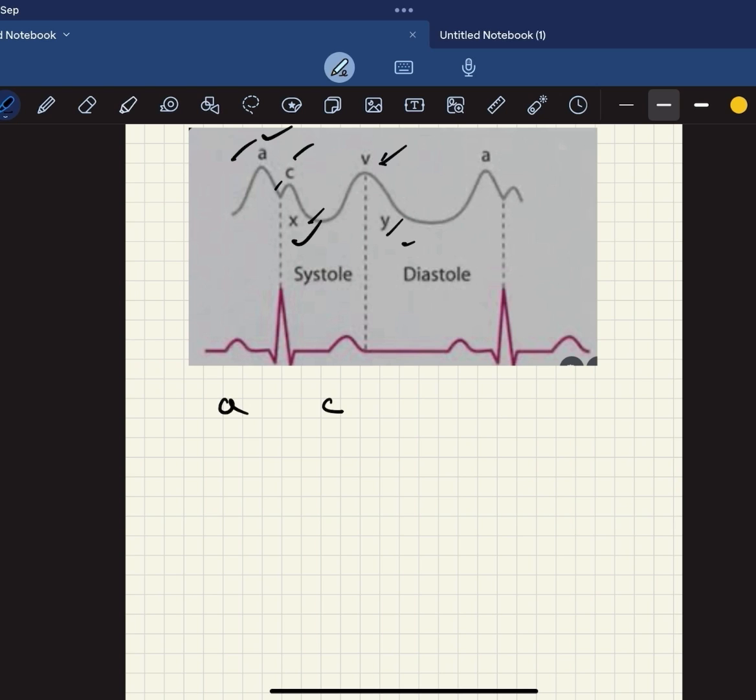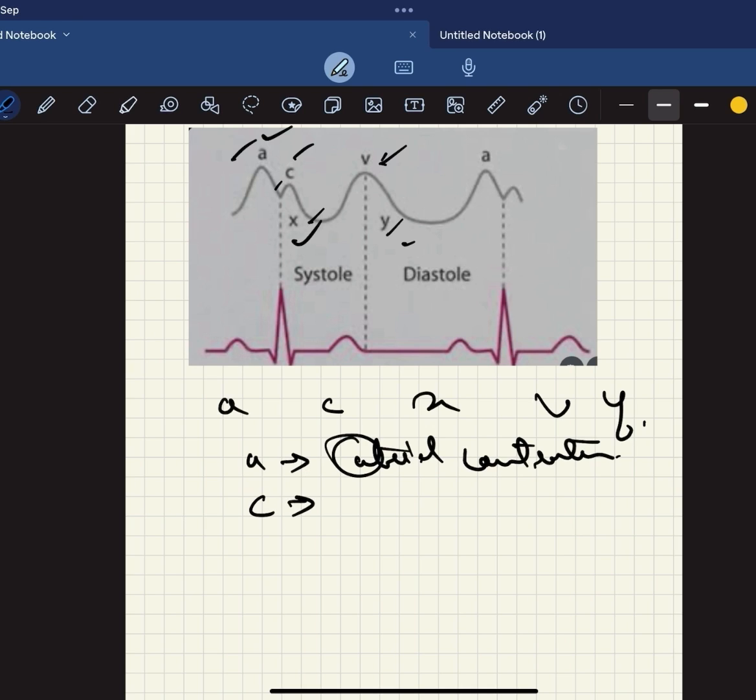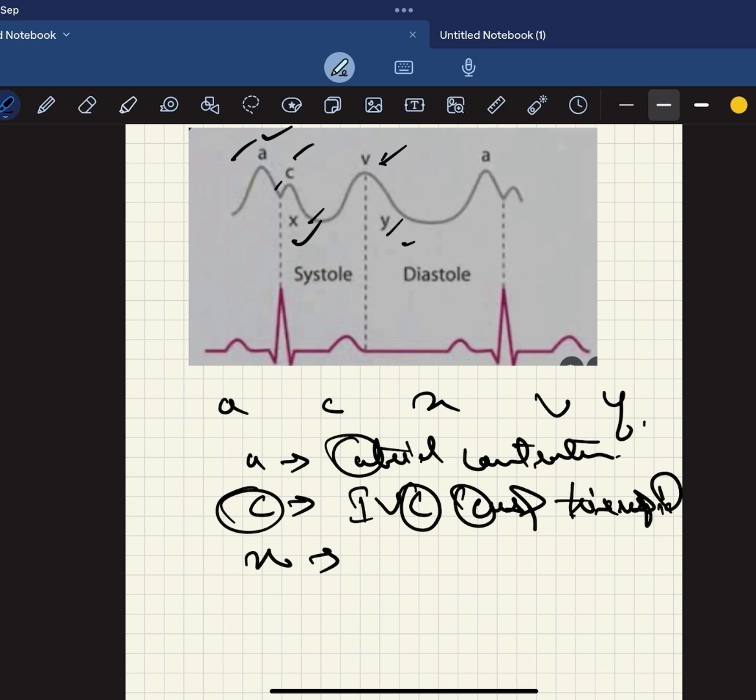So A is for atrial contraction, C is for isovolumetric contraction. We can remember it as C for contraction, C for cusp of the tricuspid valve bulging into the right atrium.